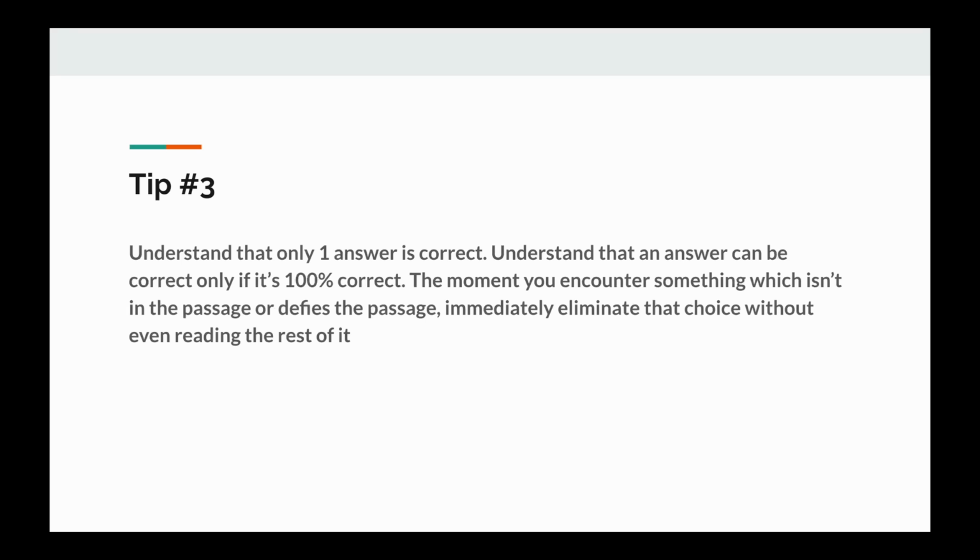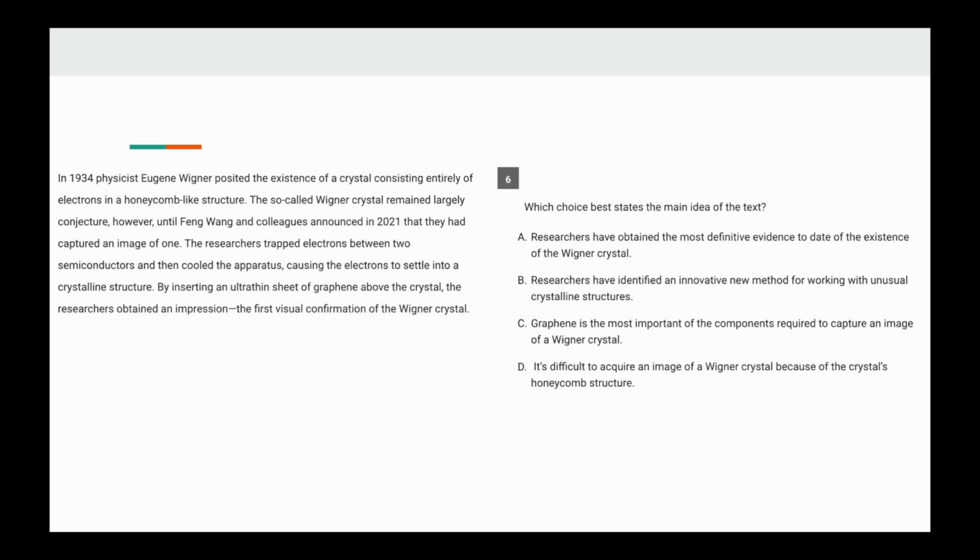No, that's weak. You should never do that. The instant you notice something that's not in the passage, you should immediately just cross that answer out. Say bye bye. Okay, let's see what I mean.